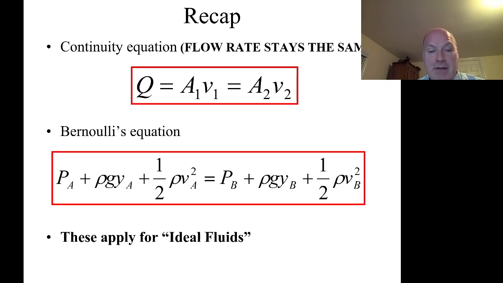Then you've got Bernoulli's equation, which is how you use it: point A versus point B. This all works for ideal fluids. Ideal fluids are fluids that aren't in turbulence, but they also don't have any viscosity.